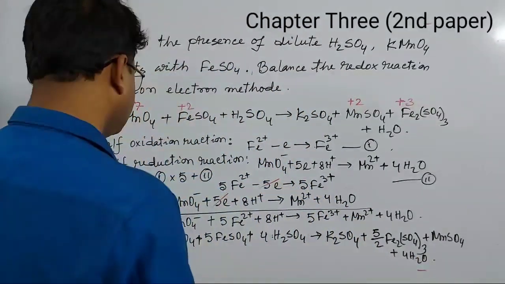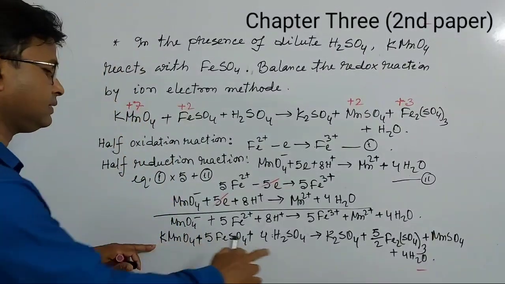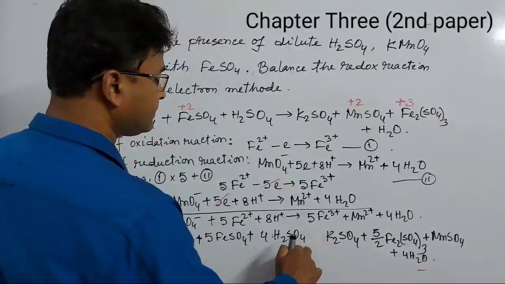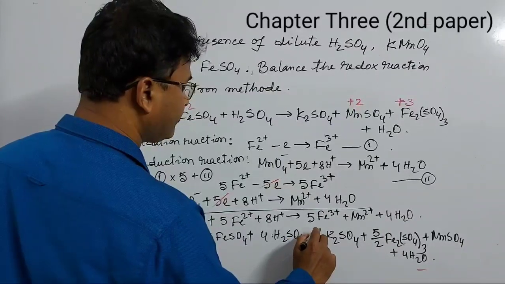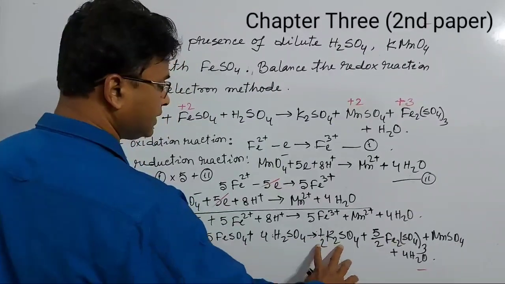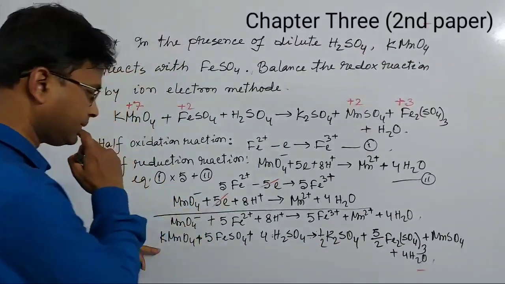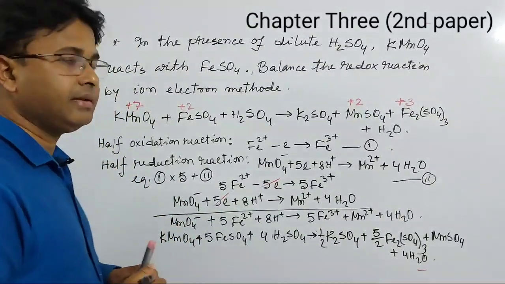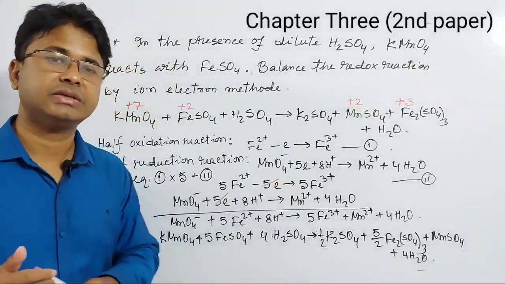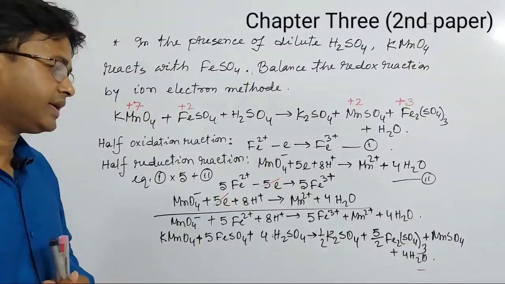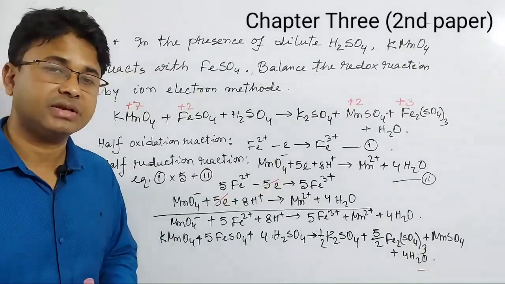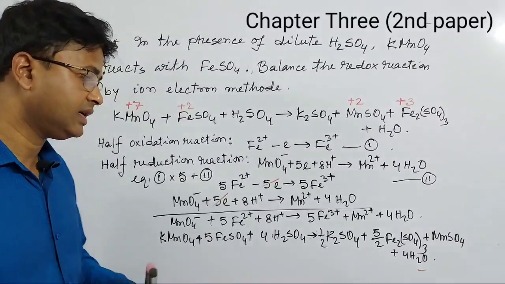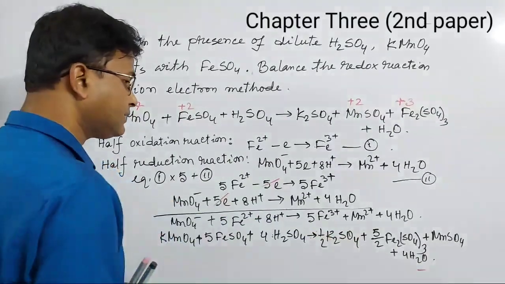Students, to make it balance, I have to write here half, and 2 are crossed out, then the potassium will be balanced. But normally we know that fractions of atoms don't take part in the chemical reaction. That's why I have to remove those fractions.